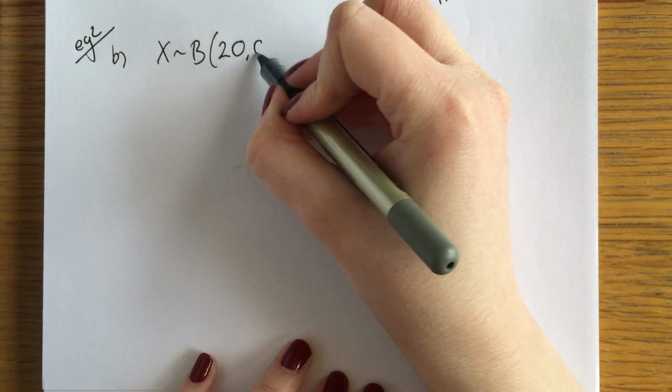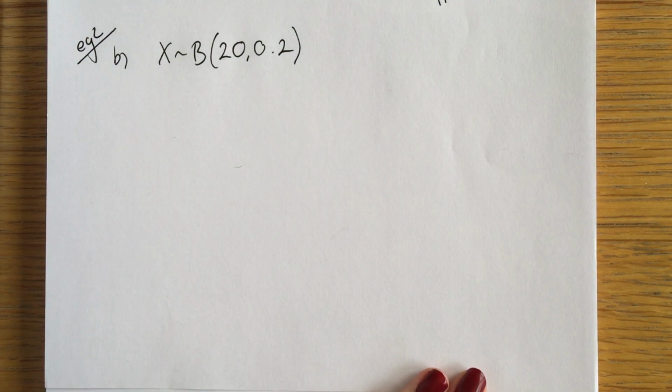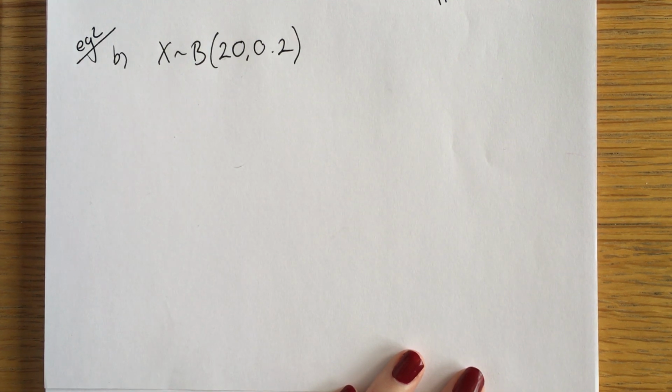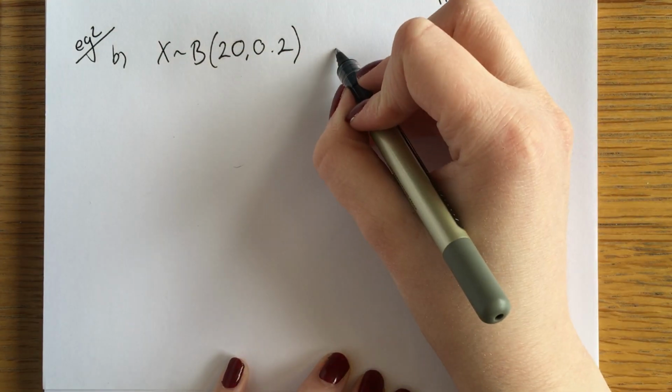He's testing it over a sample of 20 days, and he thinks he's late 0.2 of the time, so 20% of the time. Find the critical region for a two-tailed test at the 10% level of significance of whether the probability he is late for school differs from 0.2.